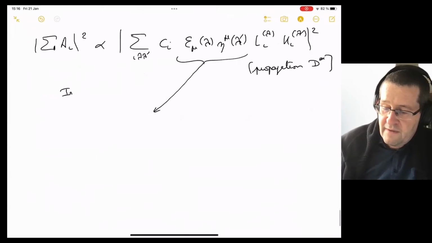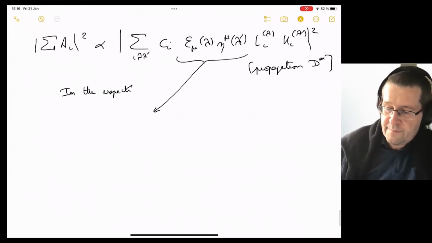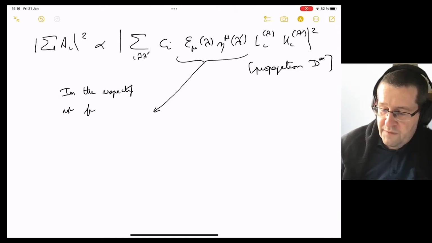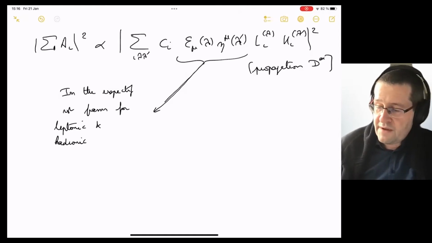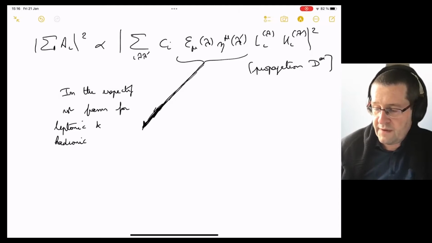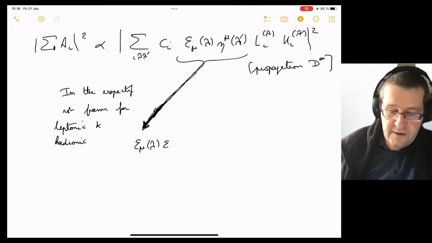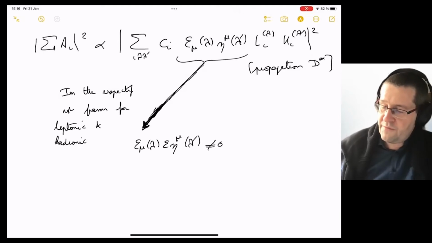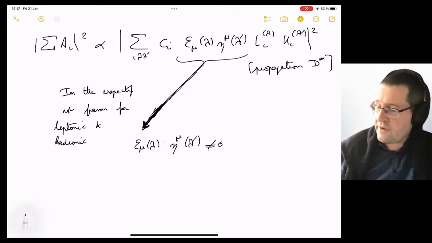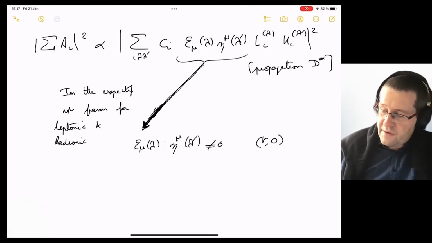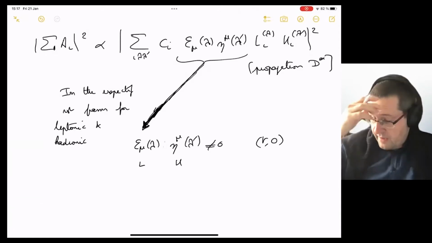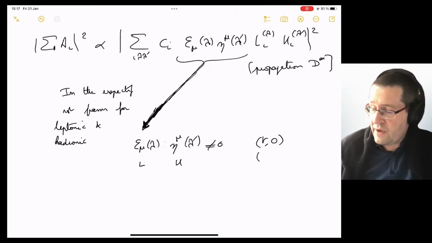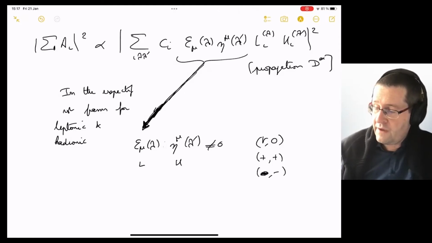So in the respective rest frames for leptonic and hadronic, you will find that the only possibilities for this combination to be different from 0 is when you've got, for the leptonic and hadronic parts, time-like for the leptonic part and 0 for the hadronic part, plus plus, minus minus, or 0 0.